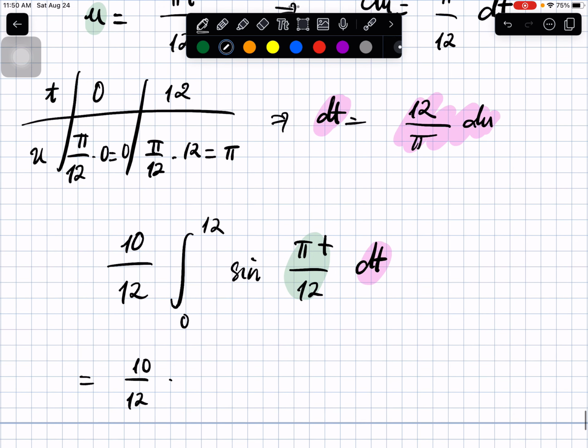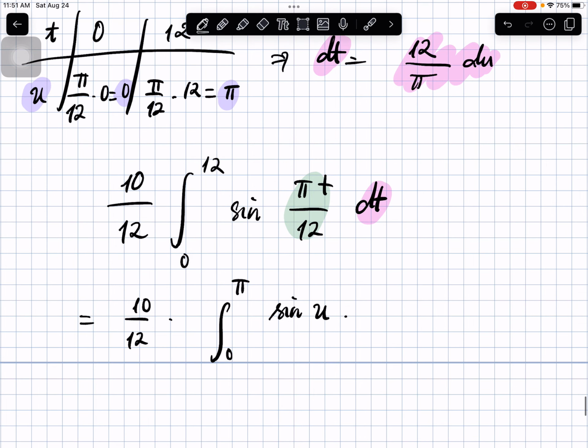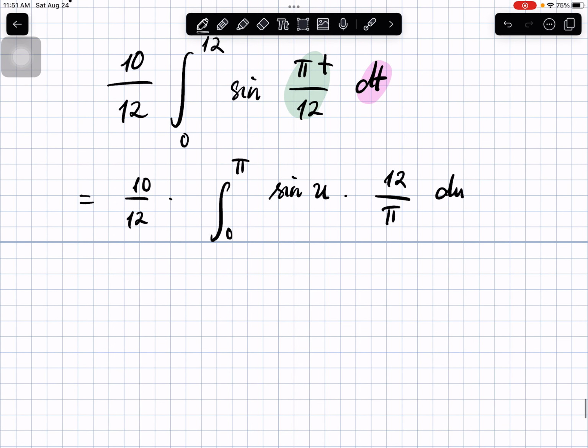So we have u from 0 to pi of sine of u times 12 over pi du. This is a constant, so just take it out. So we have 10 over 12 times 12 over pi times the integral from 0 to pi of sine of u du.